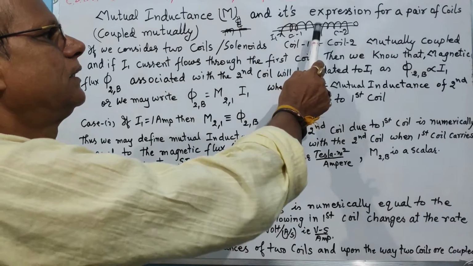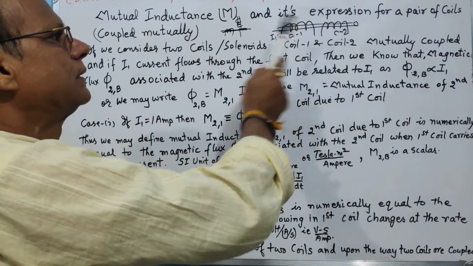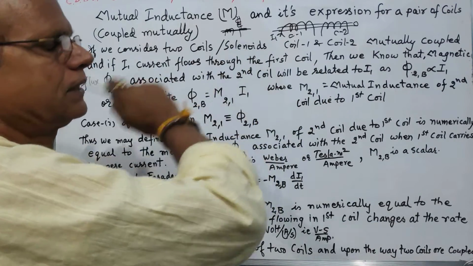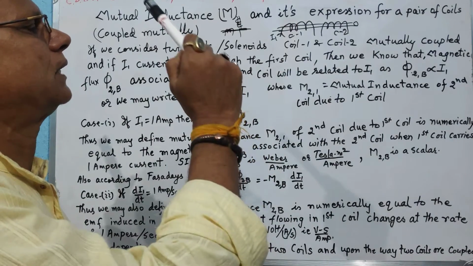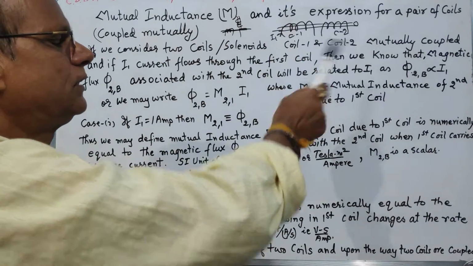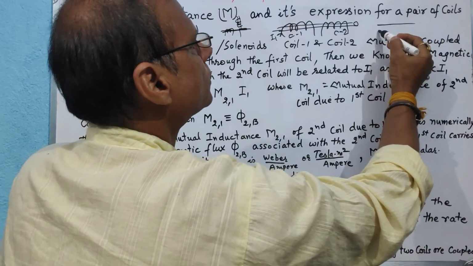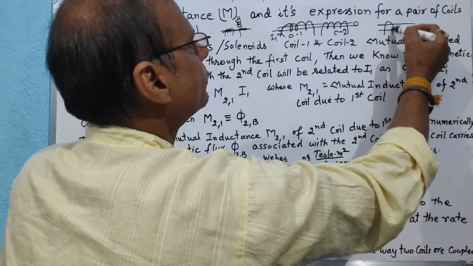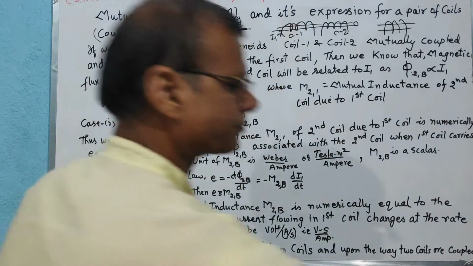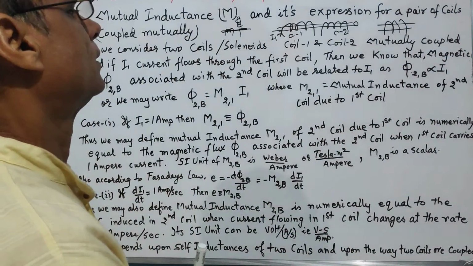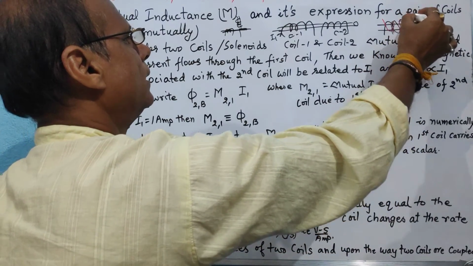So in this case, this coupling will have greater mutual inductance, and in this case the mutual inductance will be very small, and we can have even higher mutual inductance using the same coils if we have a core material over which one coil is wound and then another coil is also wound over the same core.